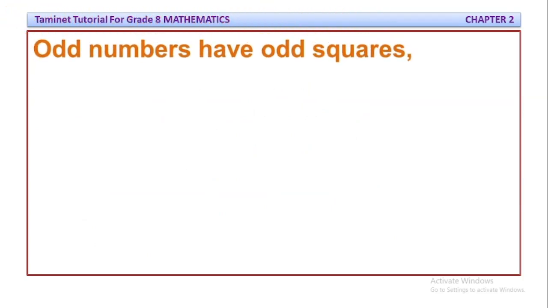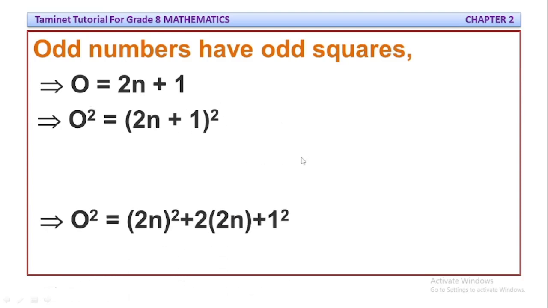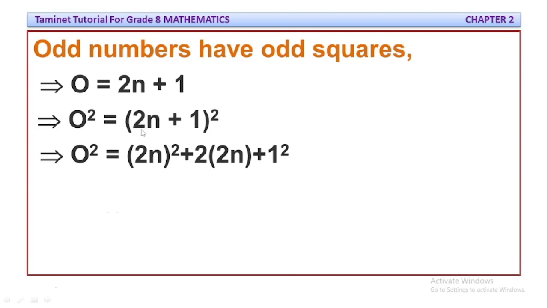Odd numbers have odd squares. For example, we know this formula, a symbol for calculating the odd numbers. Twice of n plus 1 gives an odd number, where n can be from the set of natural numbers. Squaring both sides, we get O square equals 2n square plus twice of 2n times 1 plus 1 square.